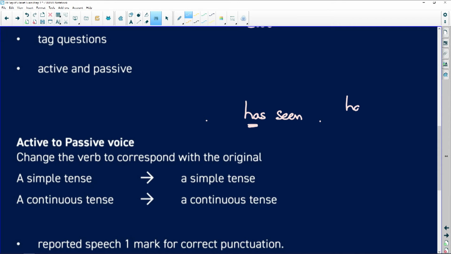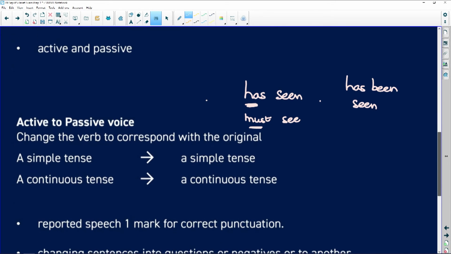The bird has been seen by the boy. If I give you a must, he must see the principal, the principal must be seen. So you must keep whatever I give you. Keep that. Don't change a simple tense to a continuous.